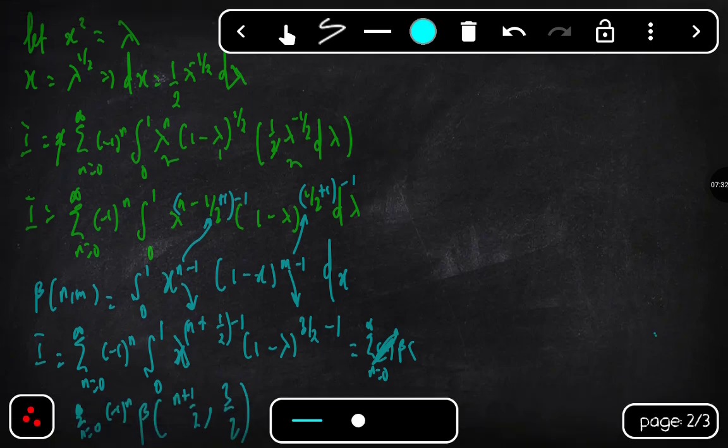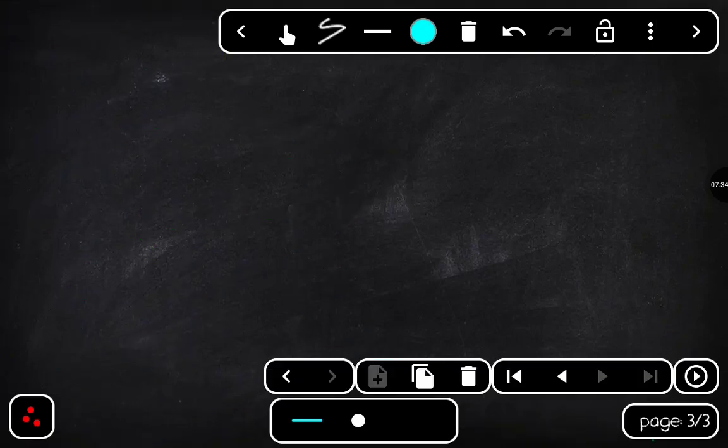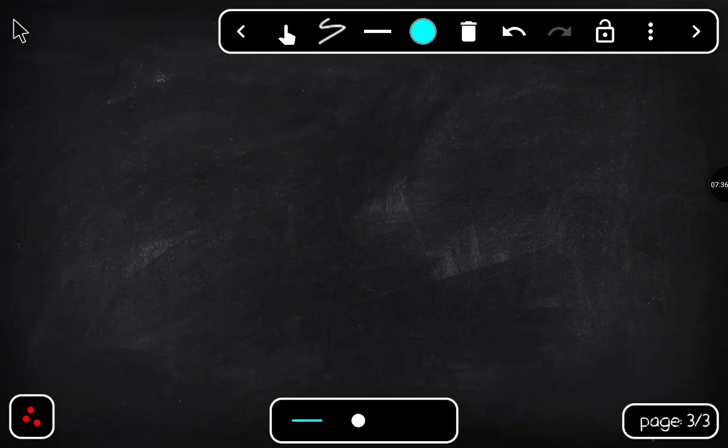Now let's move to the next page. So let me quickly remind us a beautiful property of the beta function. So beta of n comma m will give us gamma of n multiplied by gamma of m over gamma of n plus m.